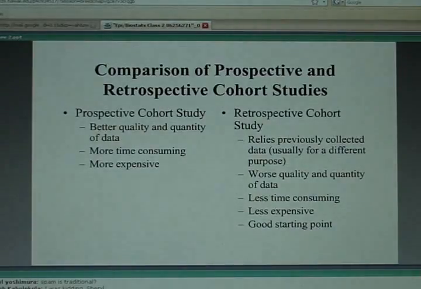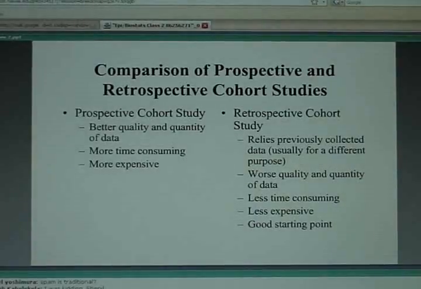By far, the cross-sectional study, the retrospective cohort study, and the case control study are much less expensive in terms of time and money and effort than the prospective study. These are good starting points. And even more so, the experimental study is probably the most expensive in terms of money and time to do. This will probably be the last thing you'd want to do in terms of starting a research career or starting a series of studies to address a particular research question.